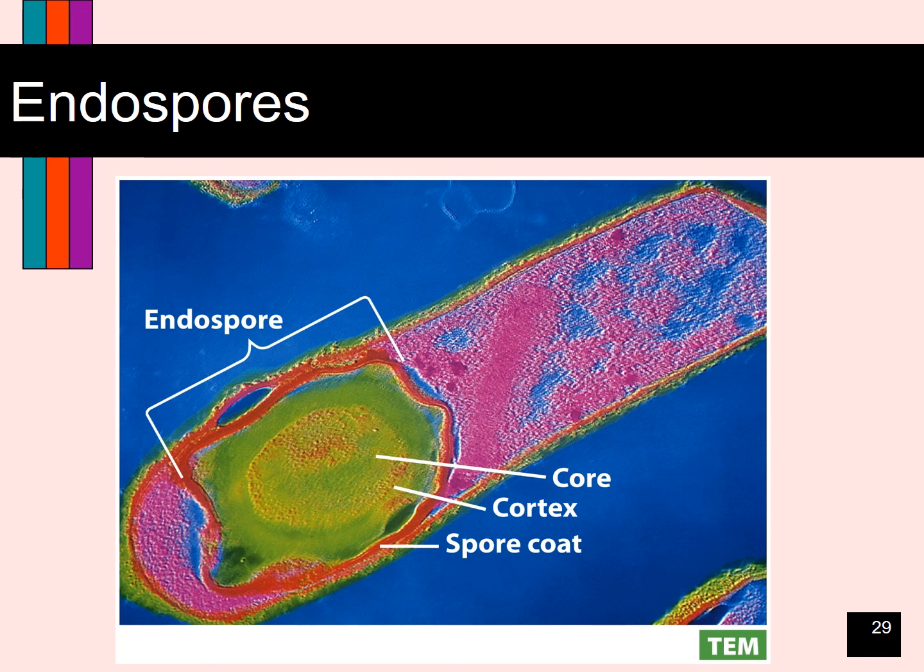So endospores form when there is some type of nutrient that becomes lacking.